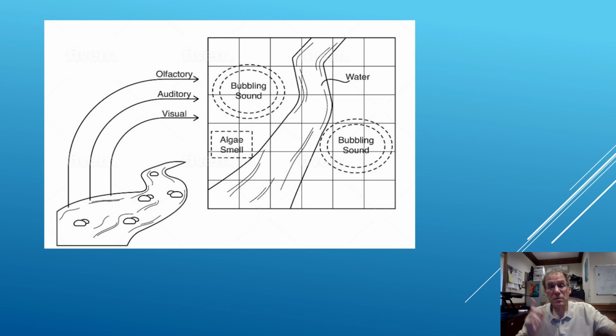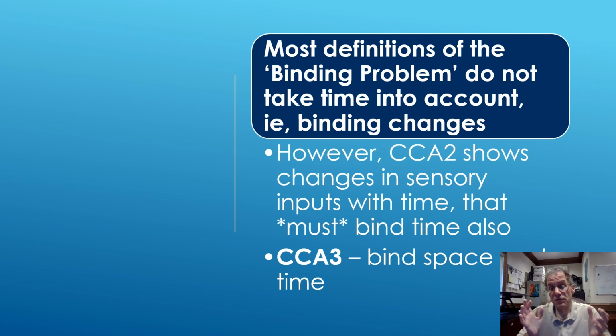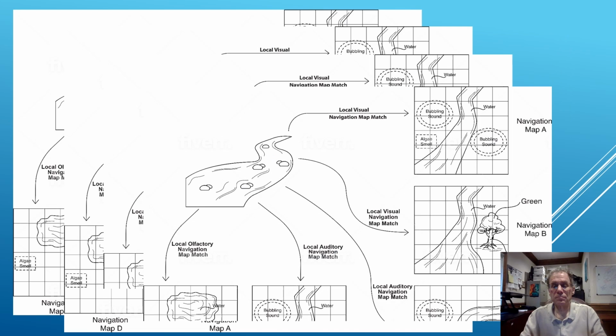However, the philosophers never considered binding time. And this turned out to be a huge engineering problem in the system too. If we're running 30 sensory frames per second, you get a multitude of navigation maps that have to be bound. It becomes a mess.